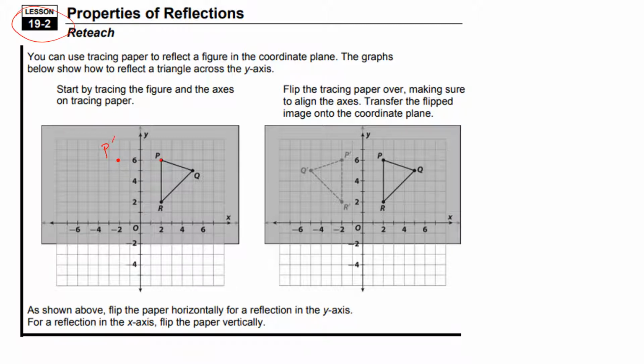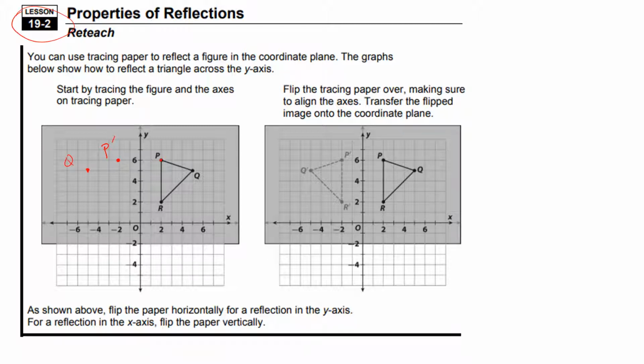And then I will count for Q. Q is a pre-image, so I count 1, 2, 3, 4, 5 on this side, and 1, 2, 3, 4, 5 on the other side. So Q prime is going to be right here. I'm pretty sure. Q prime, that's what happens after that.